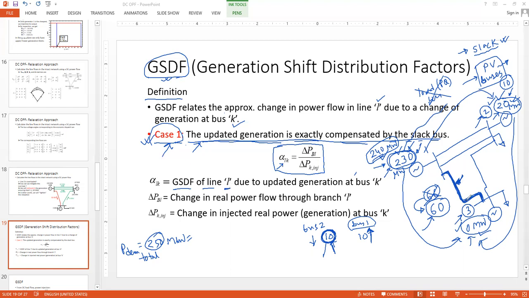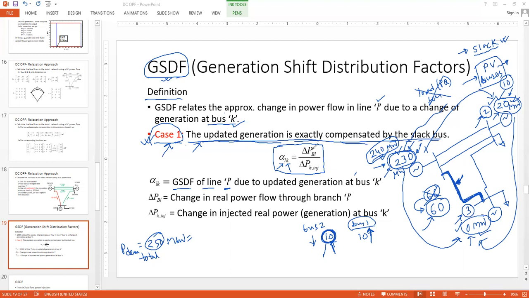We are trying to update or change the flow of line number 3, or check the flow of line number 3. So L comes first, and then K. K is the bus number where we are injecting, updating our generation. As mentioned here, the first subscript of the GSDF is the line number, and the second subscript is the bus number.